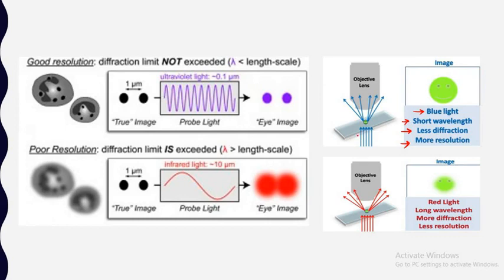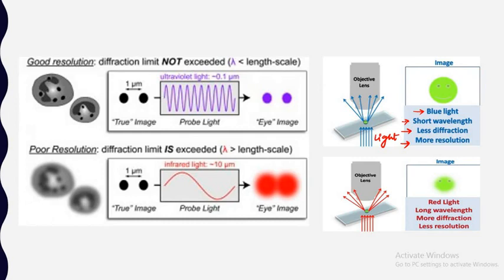Here is your specimen, this smiley placed on this slide, and here are your light rays which are coming. When they hit the specimen, they are diffracted less. All of those are gathered back into the objective lens, which gives you a better resolution.